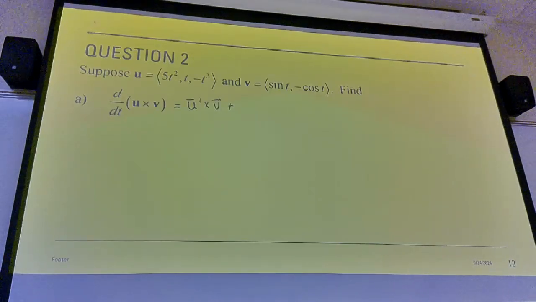Or would it be u cross the derivative of v? Make a note of that.